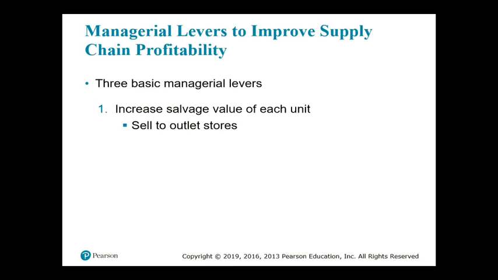So for example, if we're selling winter wear, when our winter is over here, there is winter in the southern hemisphere, right? So then selling the leftover inventory from our winter to South America or Australia is also a strategy to reduce the overage cost.